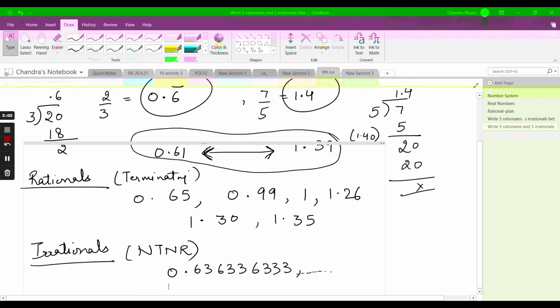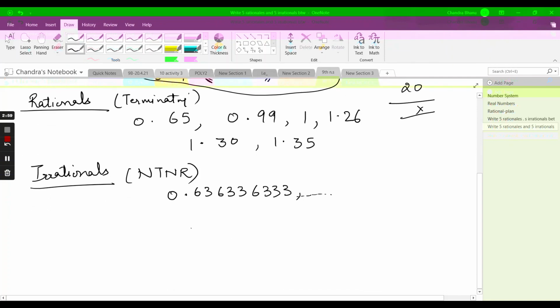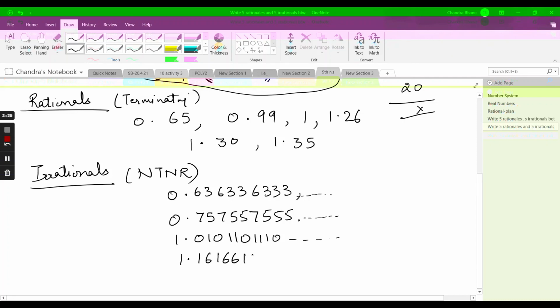Let's write a few more: 0.75, 755, 7555; 1.01, 011, 0111, and so on; 1.16, 166, 1666, like this; 1.20, 200, 2000, dot, dot, dot.